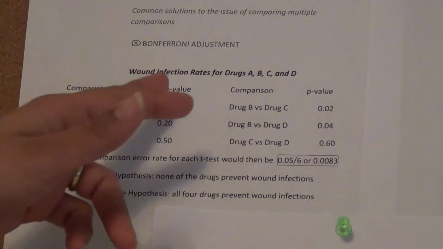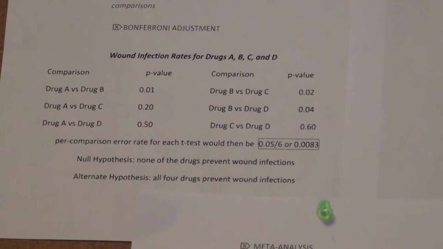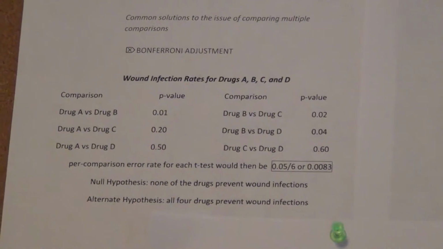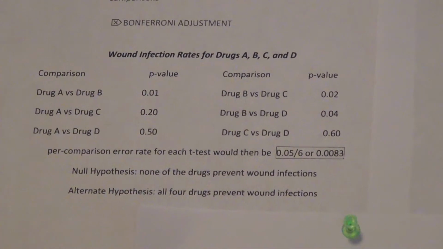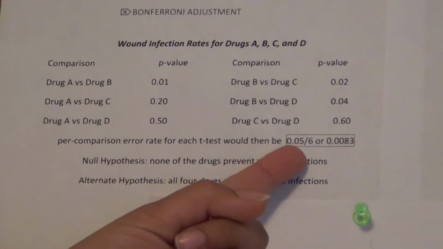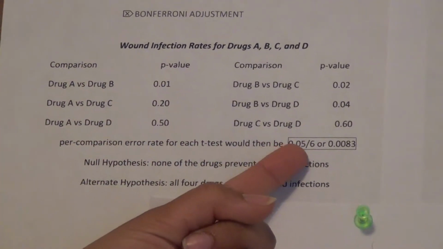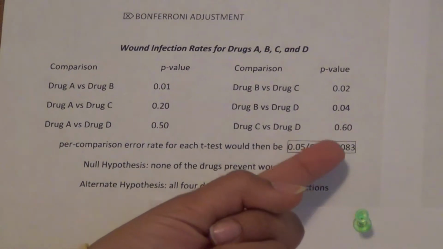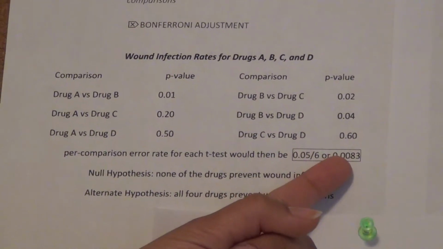With this Bonferroni adjustment, we divide our desired per experiment error by the number of comparisons, and that's what I have done over here. 0.05 divided by 6, so we get the value of 0.0083.